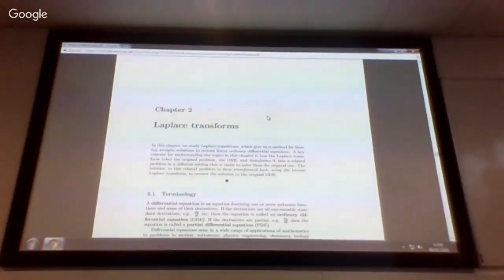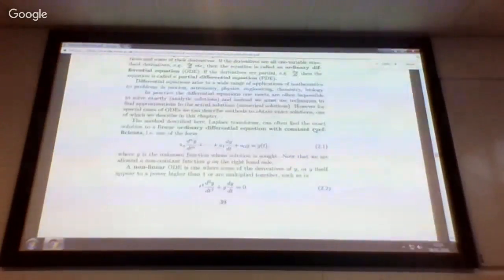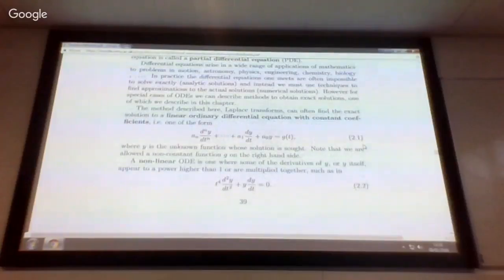So looking at chapter 2, what we're talking about is differential equations, ODEs, things like this here. You see at the bottom here in equation 2.1. So this is a differential equation. It's an equation concerning the unknown function y, let's say.